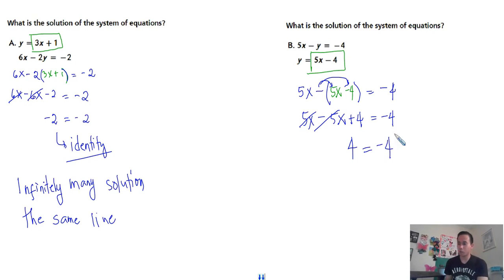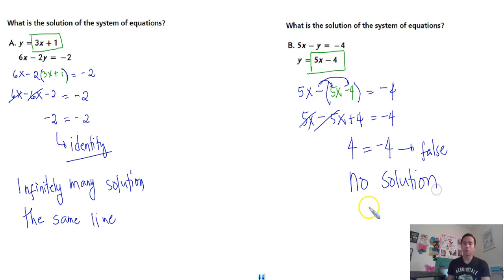So this statement is a false statement, so the system of equations has no solution. So meaning it's a parallel line. Maybe it's a parallel line because they have the same slope, if I rewrite that in y equals mx plus b.